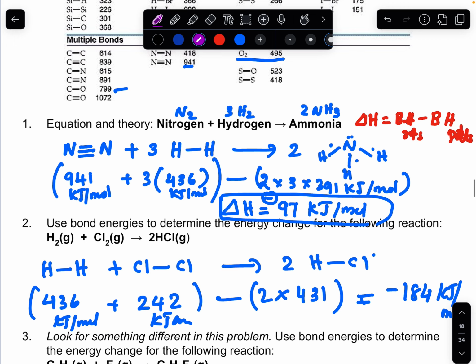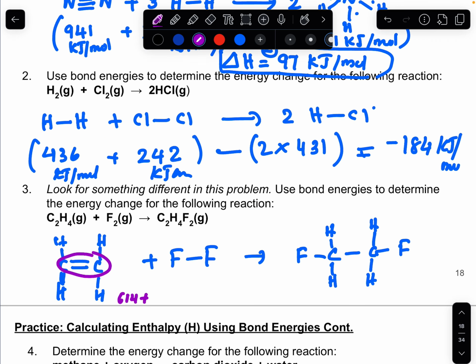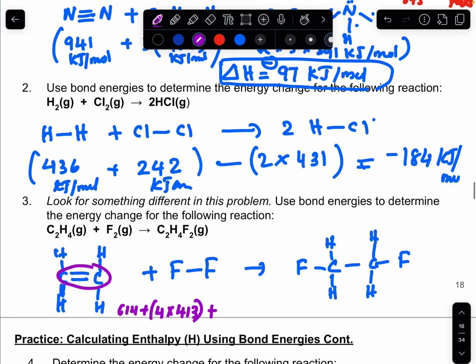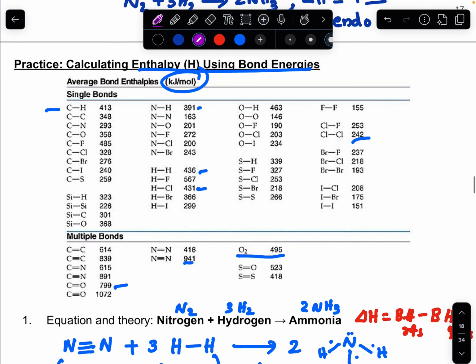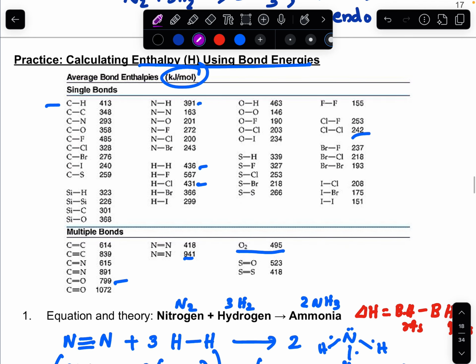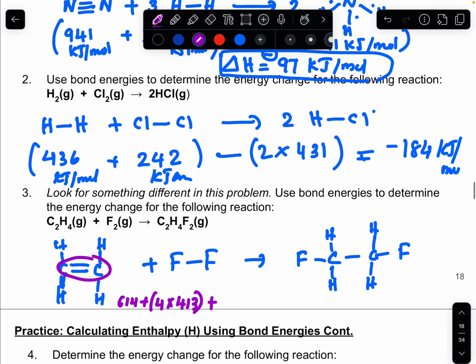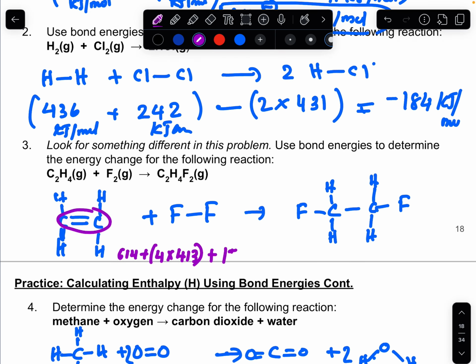C-H is 413. So there are four, so I have to multiply 4 with 413, plus there is one F-F bond. F-F bond is here, which is 155. So you have to add all of this in kilojoule per mole.